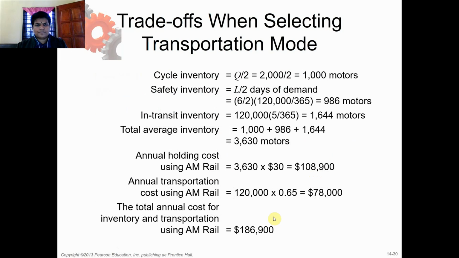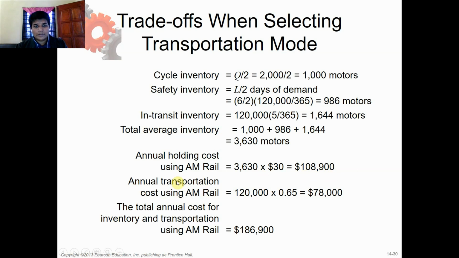Okay, so using the formulas, you get the value for cycle inventory, the value for safety inventory, the value for in transit inventory, and the value for total average inventory. Okay, so then annual holding cost also needs to be taken into account. Using rail, the holding cost will be 108,900.